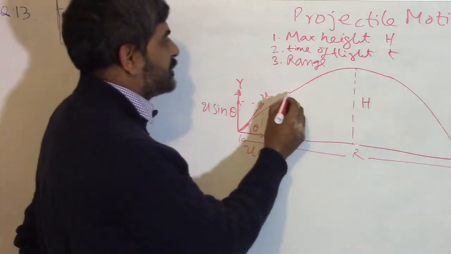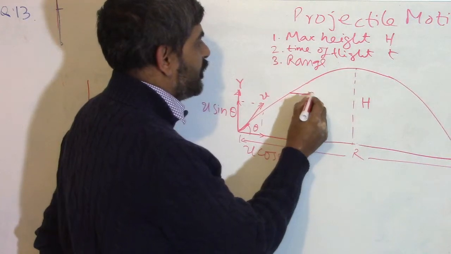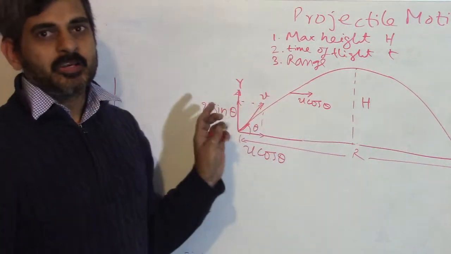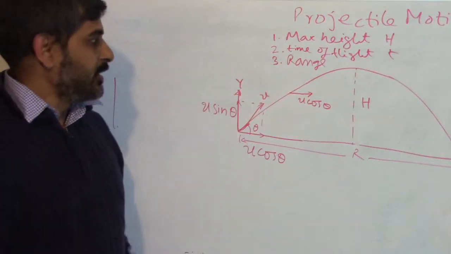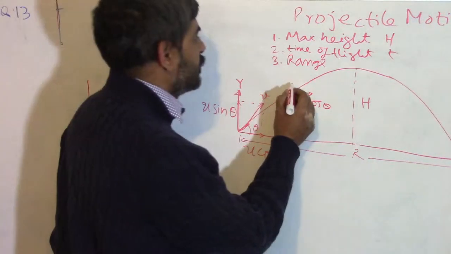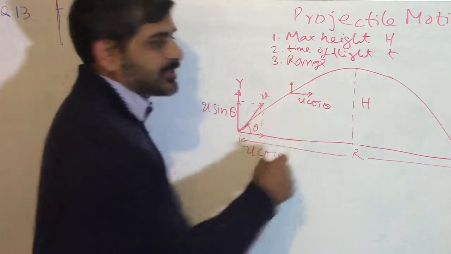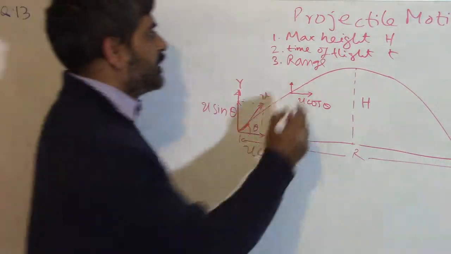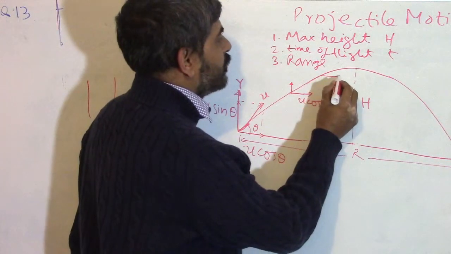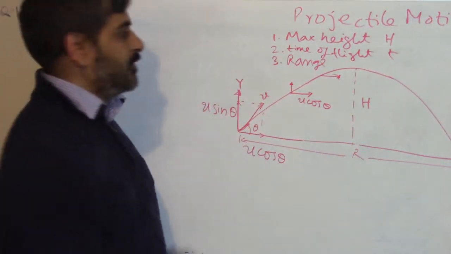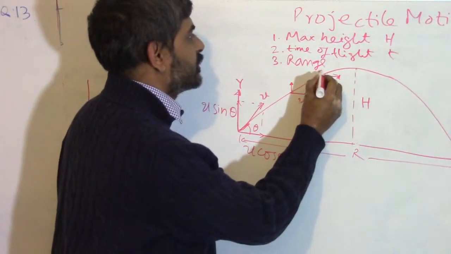So let's say we are at this point. The horizontal velocity u cos theta is still the same. There is no force acting on it. But the vertical velocity, which was this much, gets reduced because of the acceleration of gravity working on it. Then it comes here. The horizontal velocity is still the same. The vertical velocity is further reduced.